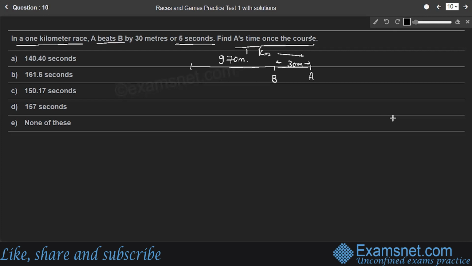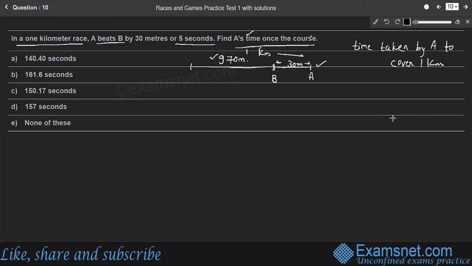Here the question is, find A's time over the course. That is the total time taken by A to cover 1 kilometer or to reach the destination. If A covers 1 kilometer, B covers 970 meters.